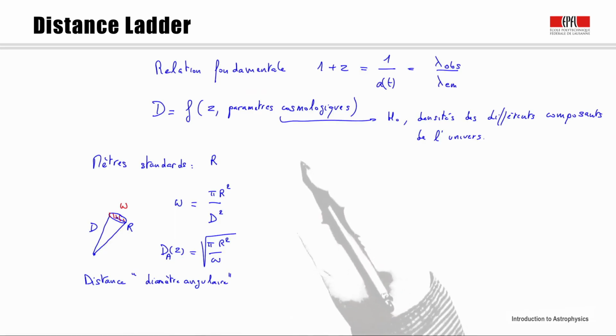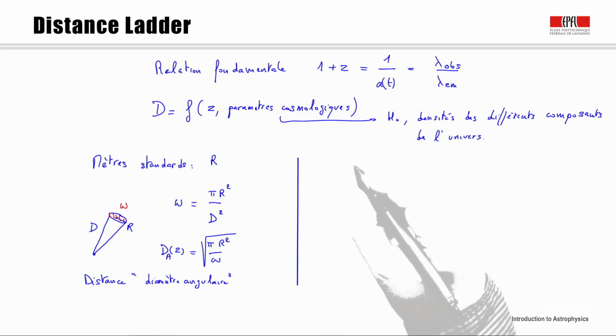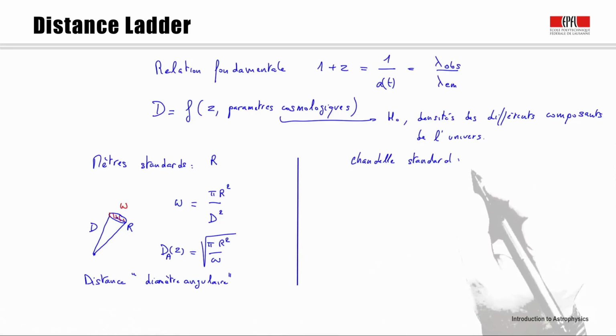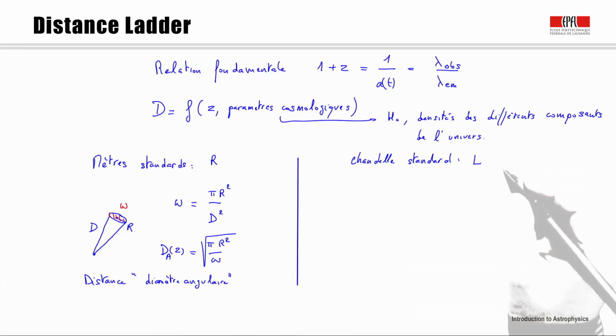We also said that we have standard candles. If we look at what happens at the level of the standard candles, how will we define the distance? If we have a standard candle, we do not have anymore a stellar object with a well-known, well-calibrated radius, but we have a certain luminosity, which will be the standard luminosity.